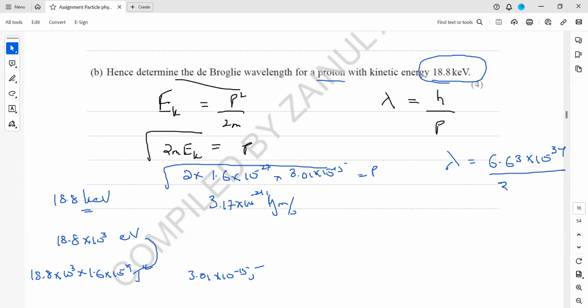So we substitute 3.17 into 10 to the power minus 21. That will give us the de Broglie wavelength of 2.09 into 10 to the power minus 13, and the unit will be meters. Is it clear, this one? The de Broglie wavelength?